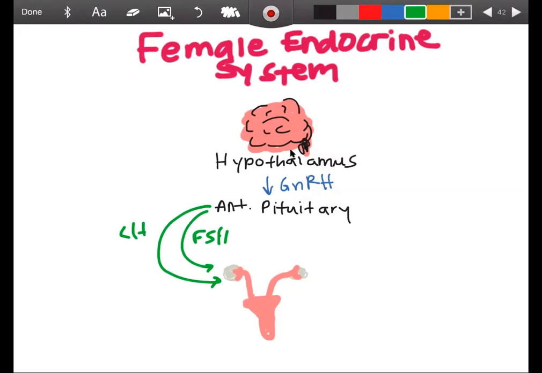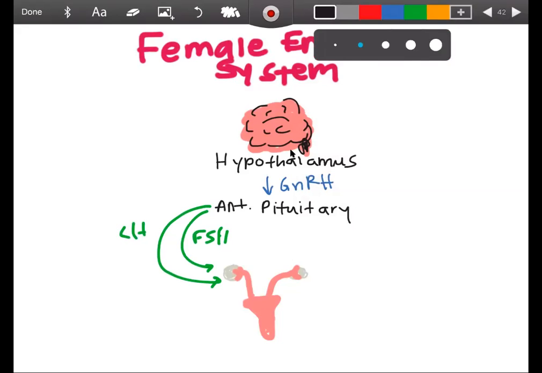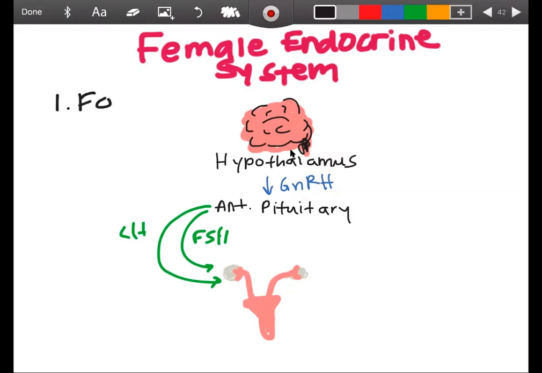So this happens in a very long cycle. So in this first phase, which is referred to as the follicular phase, the LH and the FSH are going to go to the ovaries, and they are going to stimulate follicles to grow. That is why it's called the follicular phase.